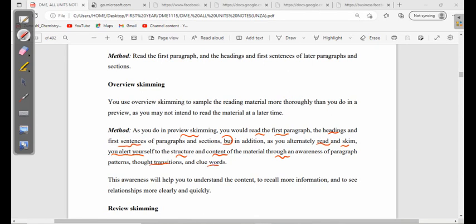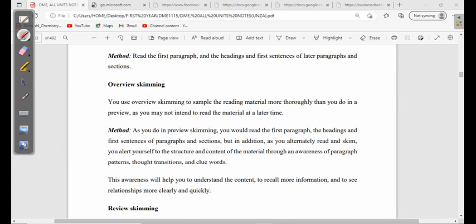So you get to have a general or broad understanding. You make yourself aware of some structures, some common things that have been stated, some clue words, some transitions. The transitions are just words that join sentences. So how are sentences joined and everything else? Because you just want to have a general understanding so that maybe next time you'll not need to read.